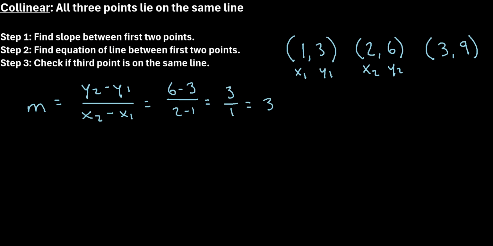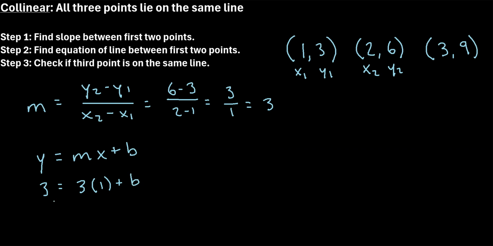Step 2 says we need to find the equation of the line between the first 2 points. Remember, the equation of a line is written like this: y equals mx plus b. We just found that m is equal to 3, so we can plug in a 3 right here, and then we can pick either one of these points and plug them in for x and y. Let's choose the first point. Let's plug in a 1 for x and a 3 for y. So we get 3 is equal to 3 times 1 plus b.